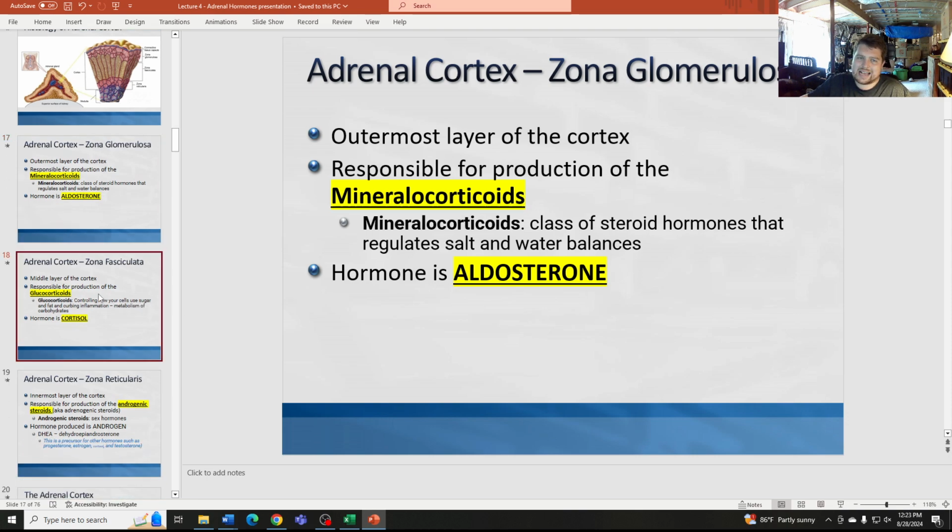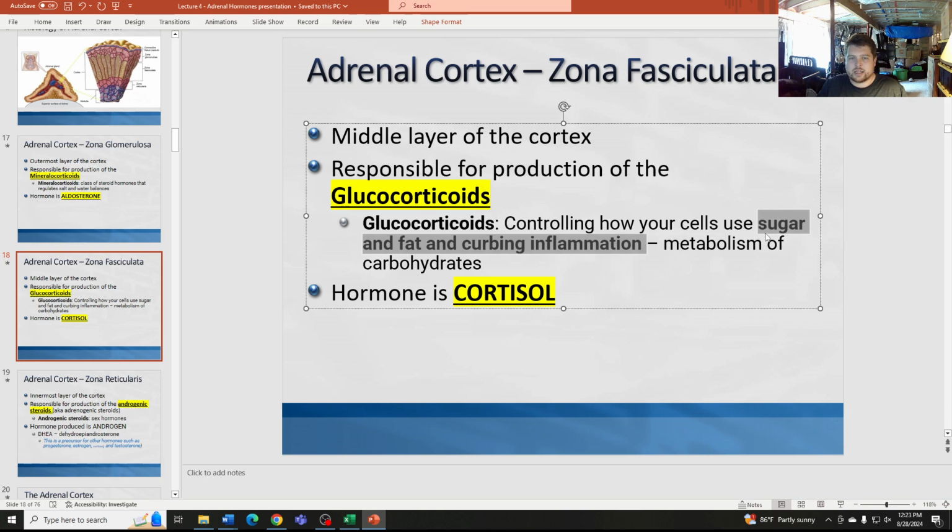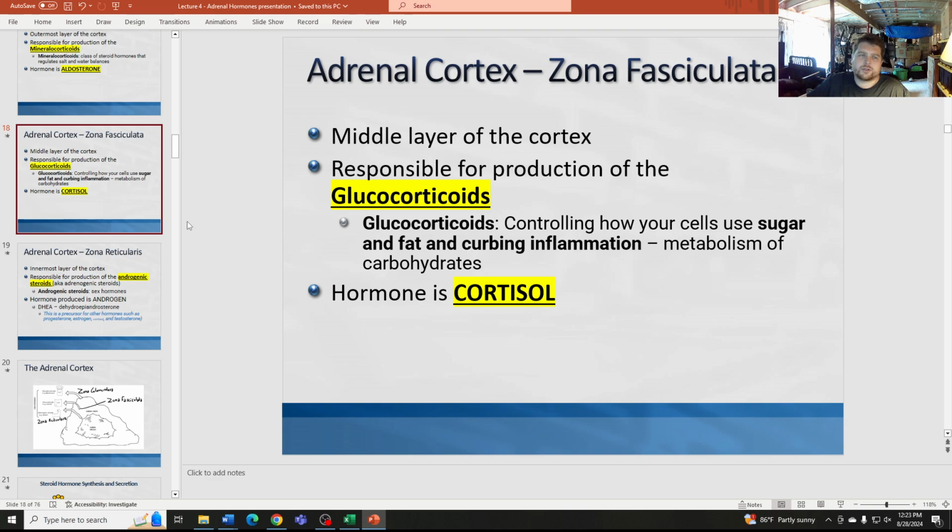There's different ways you can ask that kind of question. The middle layer produces glucocorticoids, and that is going to be our cortisol, and this is going to manage our sugar, fat, as well as inflammation. Cortisol is also known as a stress hormone. We'll kind of get into all of that.